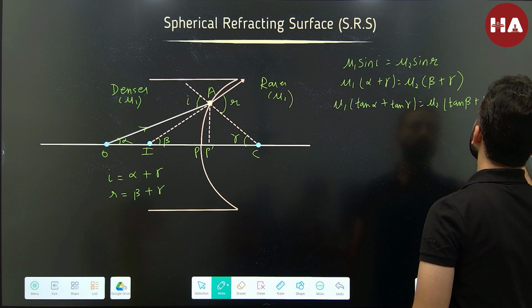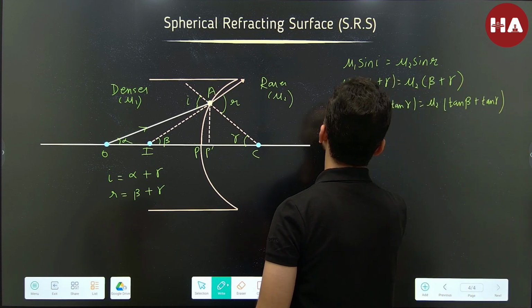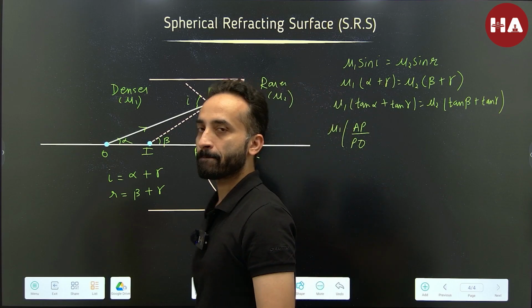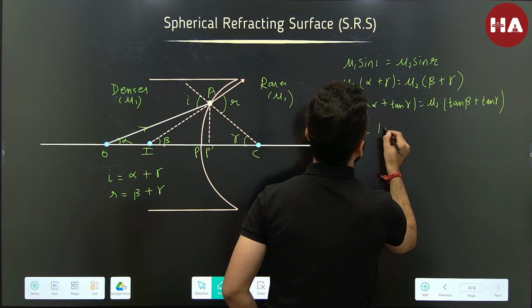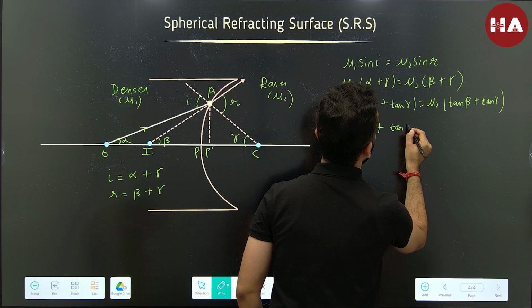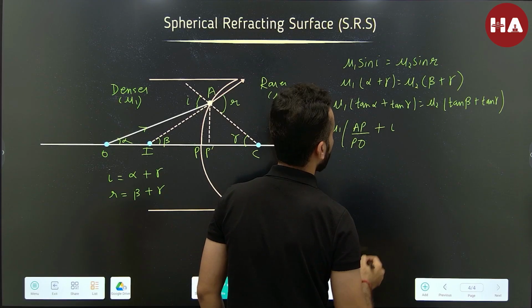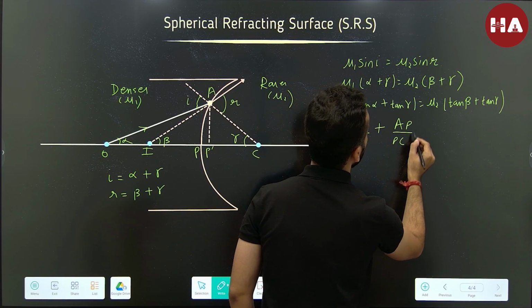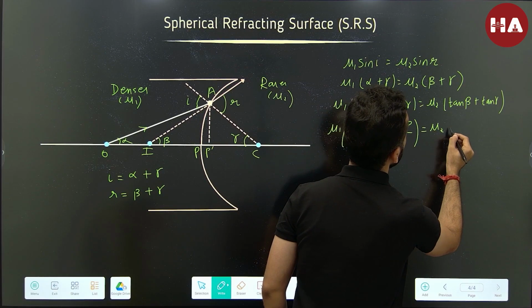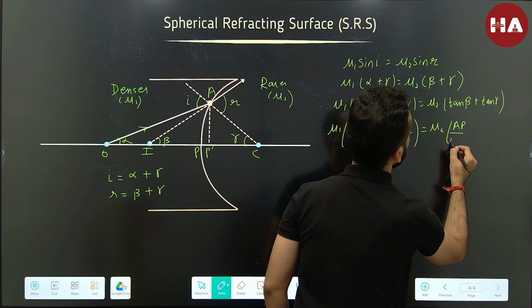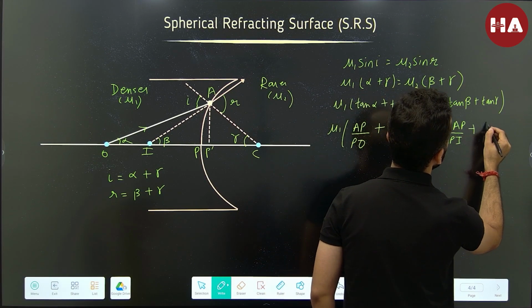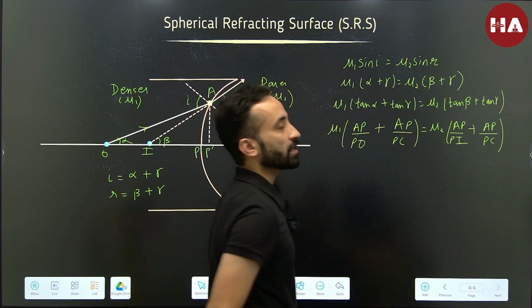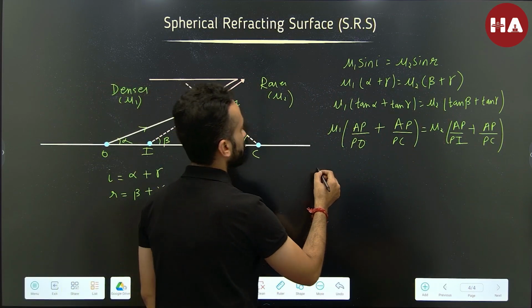All right. Now, what is tan alpha? So, tan alpha is going to be AP upon PO, and tan gamma is going to be AP upon PC. Now, tan beta is AP upon PI, and this is going to be AP upon PC one more time. AP will cancel out.